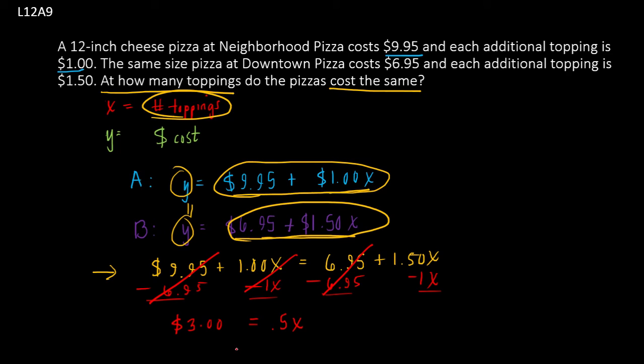So $3 equals 0.5x. Finally, I divide both sides by 0.5, and I find that x equals 6. So it would take 6 toppings for these pizzas to cost me the same amount of money.